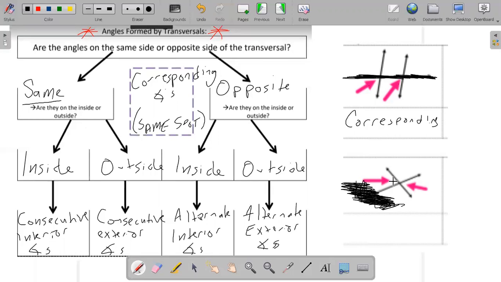How would you describe the location of this angle and this angle? Where are they located? Next to each other, across from each other? I'd say vertical angles. Exactly. These are called vertical angles.